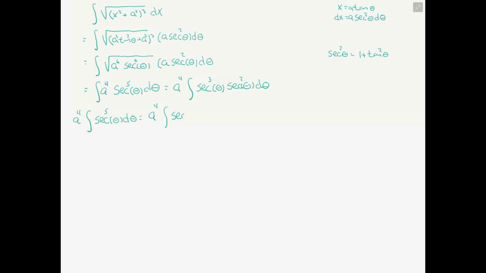So at this point, we're going to apply the trigonometric identity to break the secant to the fifth power integrand into two integrals. One with secant to the third d theta, which is a problem that we solved, and the other integral with an integrand of secant to the third theta times tangent squared theta d theta.